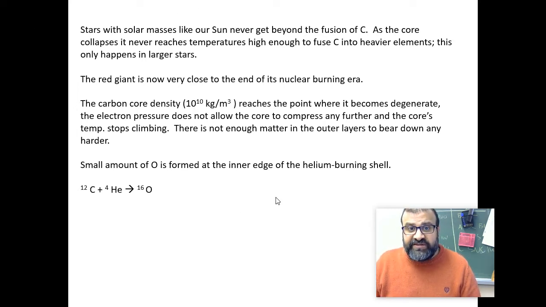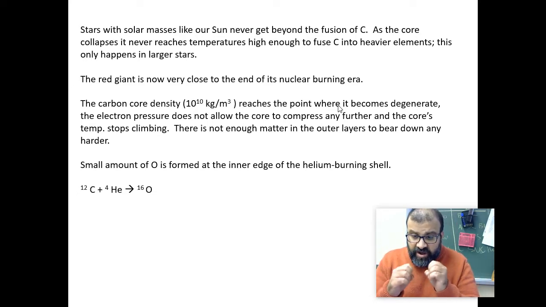So the carbon core density reaches the point where it becomes degenerate. What I mean by degenerate is that the electrons get stripped off the atoms, and now you essentially have a core of free floating electrons. Think about these electrons moving around freely, kind of like a soup of electrons.